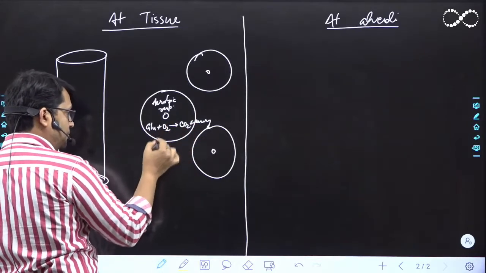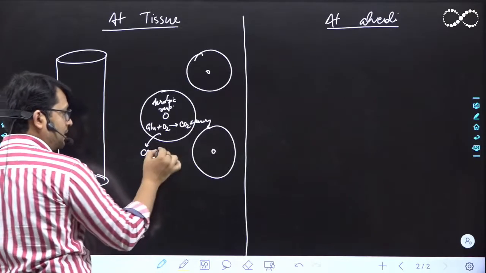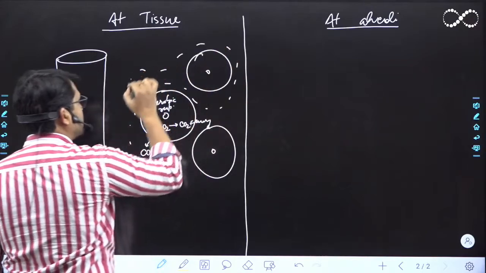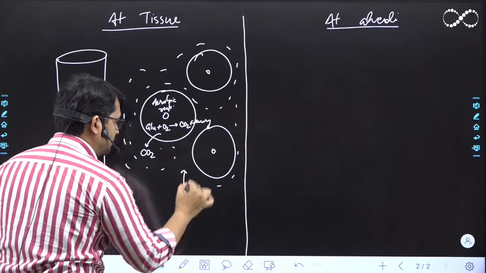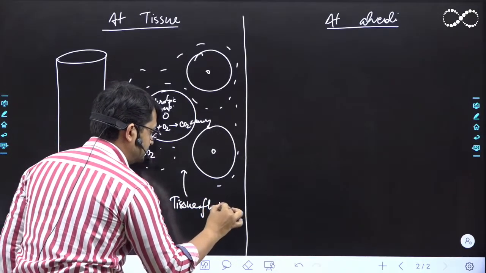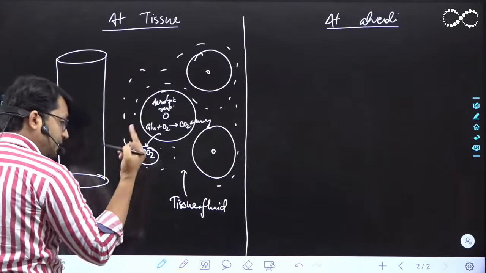Now this CO2 diffuses out into this fluid called tissue fluid. What is all this? Outside these cells it is not empty, rather it is filled with a fluid which is called tissue fluid. So where has this CO2 come to? In the tissue fluid. In what form? Dissolved form.